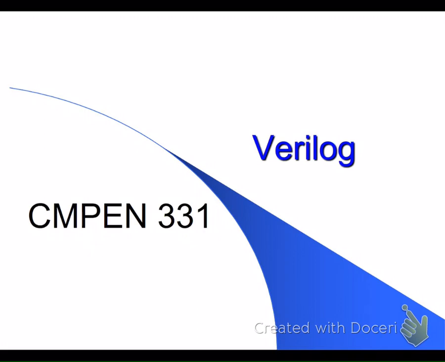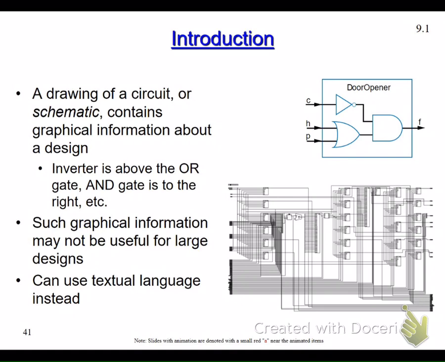So now we'll go to the Verilog. Okay, so this is basically the Verilog. If you would like to design a circuit, assuming you would like to design that circuit, this guy here has AND, inverter, OR.